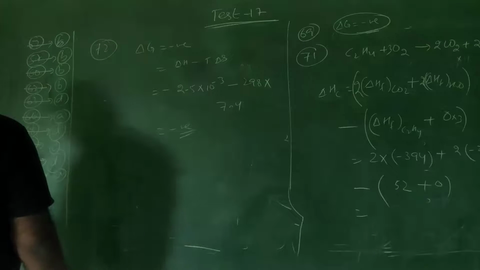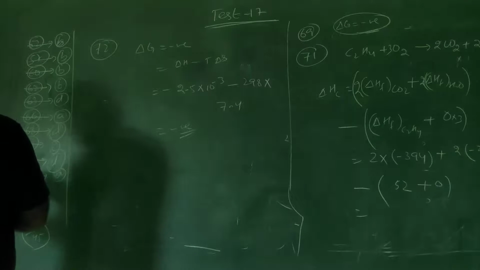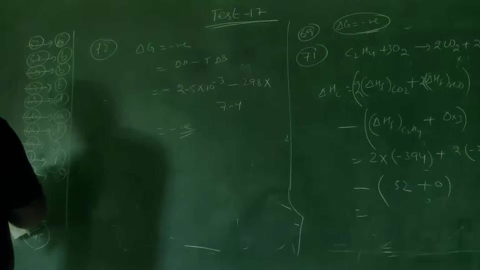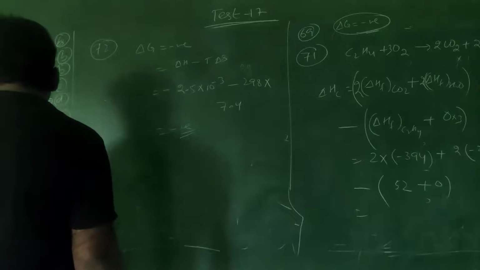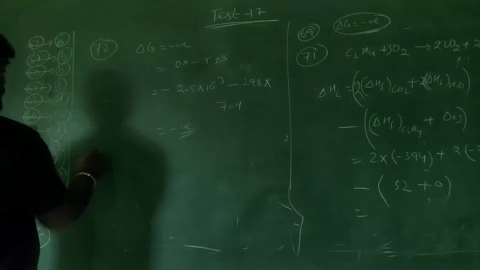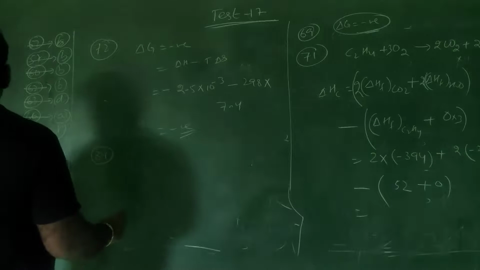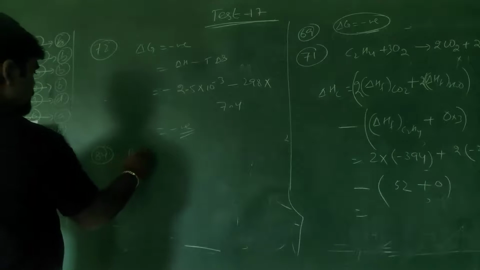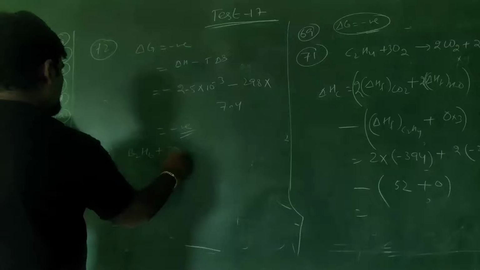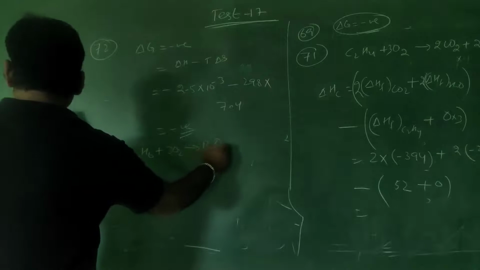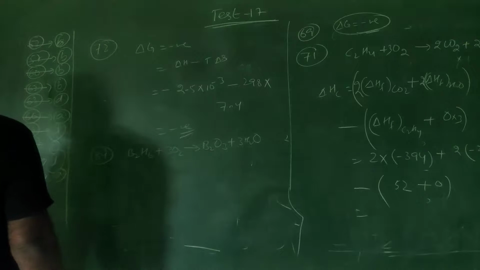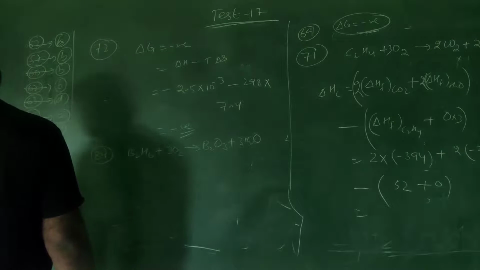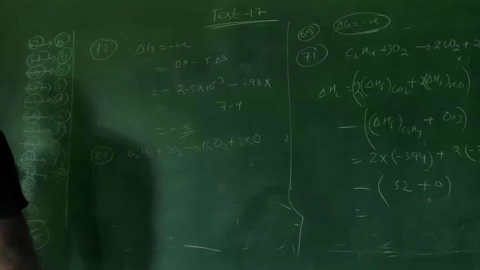Then question number 84. Determine the enthalpy of formation of B2H6 for the following reaction: B2H6 plus 3O2 gives B2O3 plus 3H2O. Determine the enthalpy of formation of B2H6 in the given reaction.